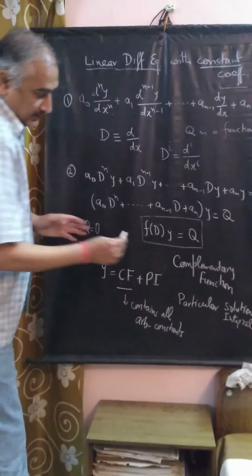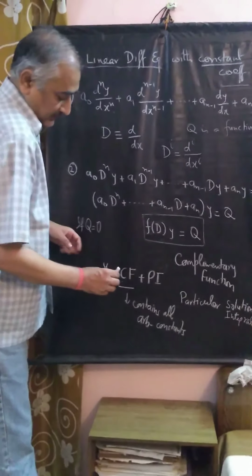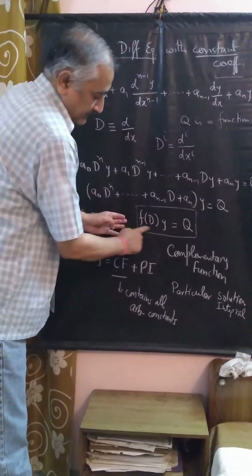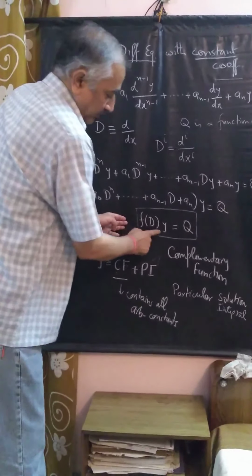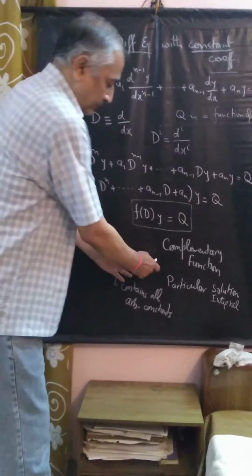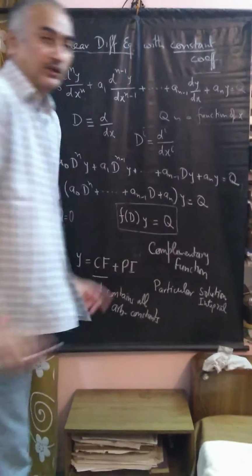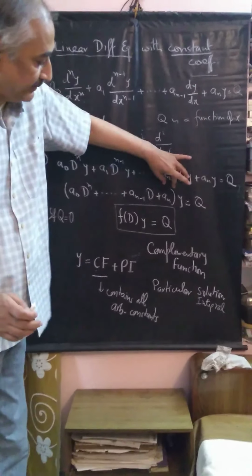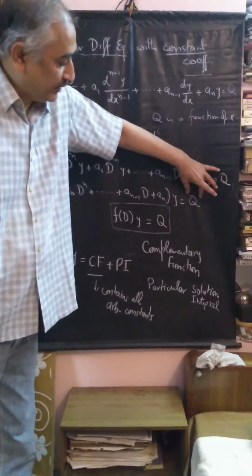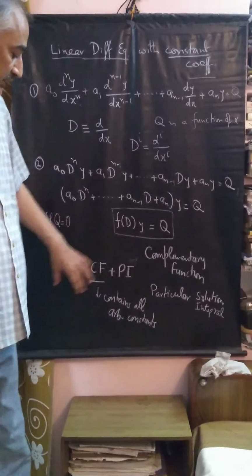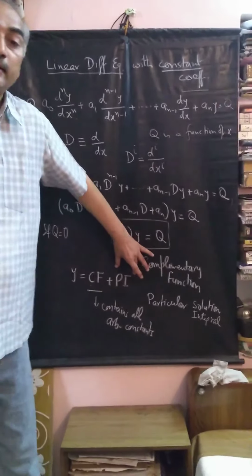So, given an equation like this, the complementary function depends on this polynomial in D, whereas the particular integral will depend on this. So if there are two differential equations having left hand side same, and in one you have Q1, in another you have Q2, then the solution will differ only in the particular integral part.